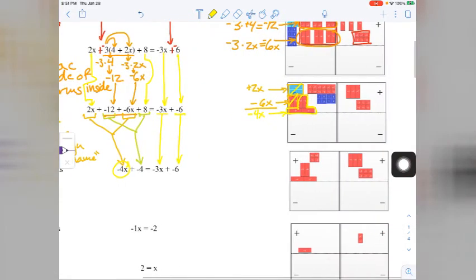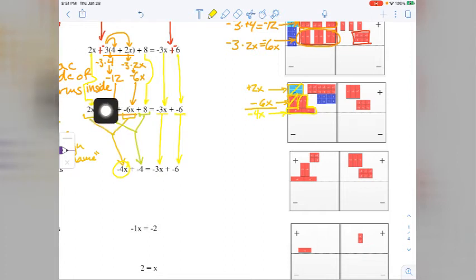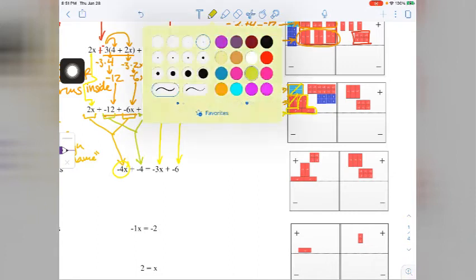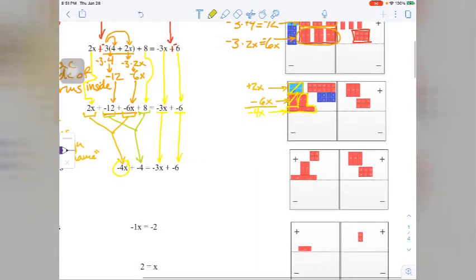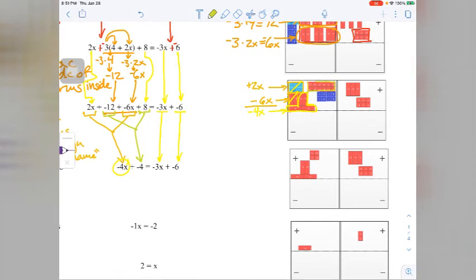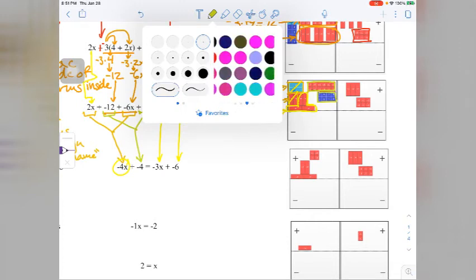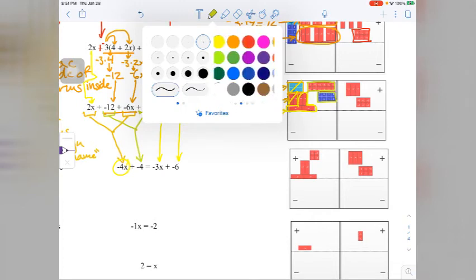And then on the other side, the other like terms that I see are the -12 and the 8. Let's go back and find that sort of mustardy yellow color. So here is my -12, and here is my 8. And when they come together, they make some zero pairs.